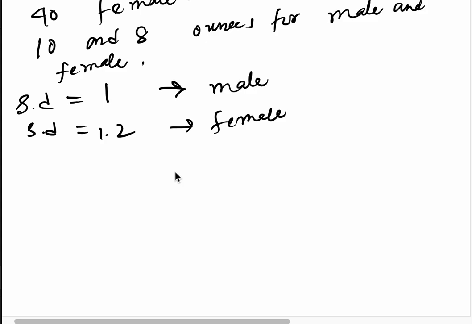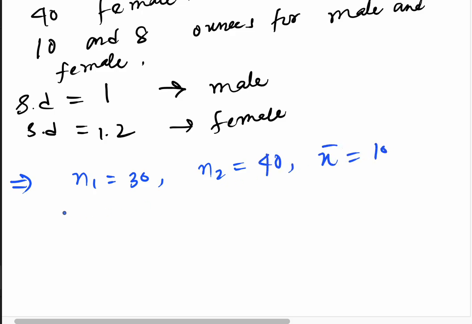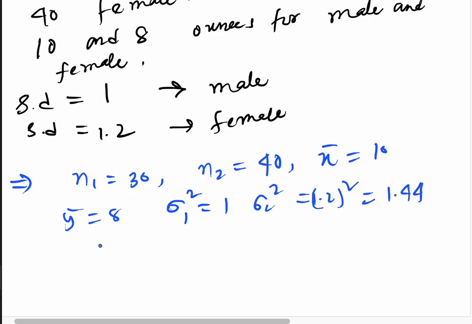So I have to calculate the difference of the means. We have n1 equal to 30, n2 equal to 40, x bar is 10, y bar is 8, sigma 1 square is 1, sigma 2 square is 1.2 square, 1.44, and alpha is 0.05.